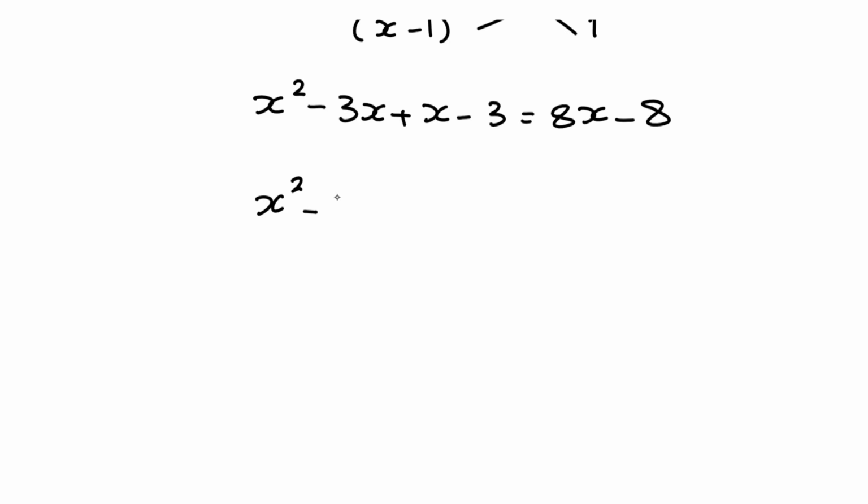So we have x squared minus 2x minus 3 equals 8x minus 8.